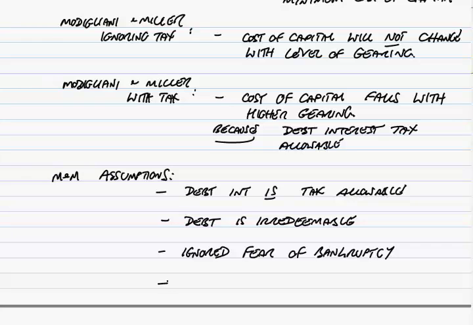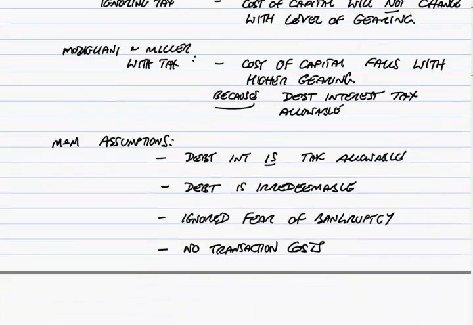They also assumed no transaction costs. It's a relatively minor one, but dealing in shares, there are transaction costs, buying and selling. It was ignored. Now, those are only some of the assumptions, but they're certainly the main ones, and there's more than enough for the 8 marks that were on offer.